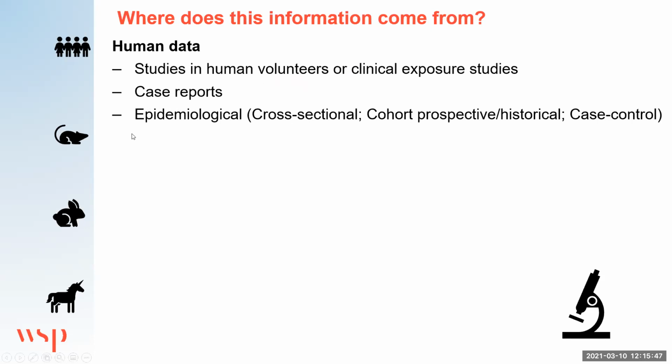We can also source data from epidemiological studies. I won't delve into these now. That's another pretty deep, complex study that we can discuss at another point. But some of those you might be aware of are cross-sectional, cohort, prospective, looking forward, historical, and case control. They're the main sources of human data.